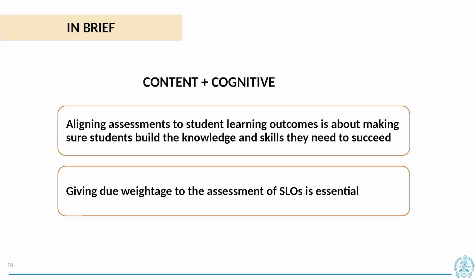In short, aligning assessments to student learning outcomes is about making sure students build the knowledge and skills they need to succeed. For this purpose, due weightage must be given to the assessment of SLOs.